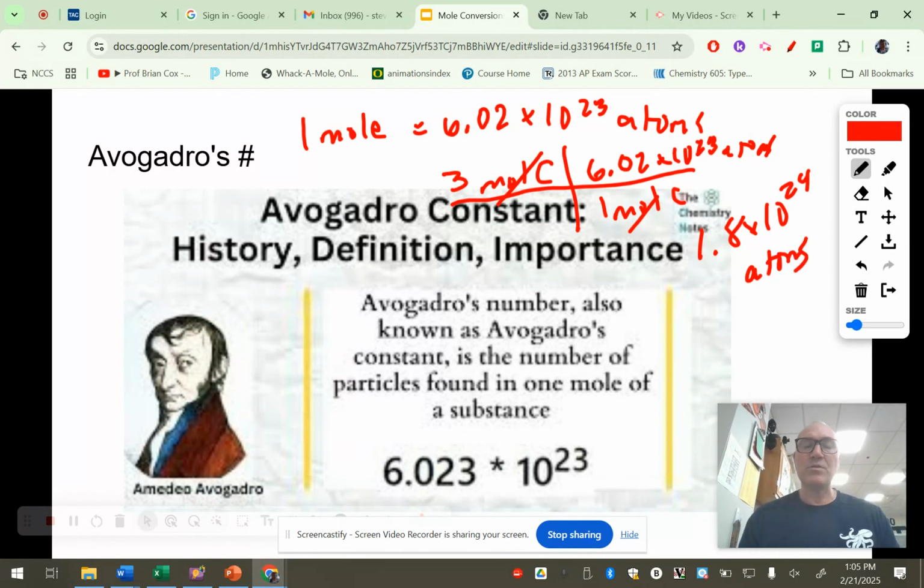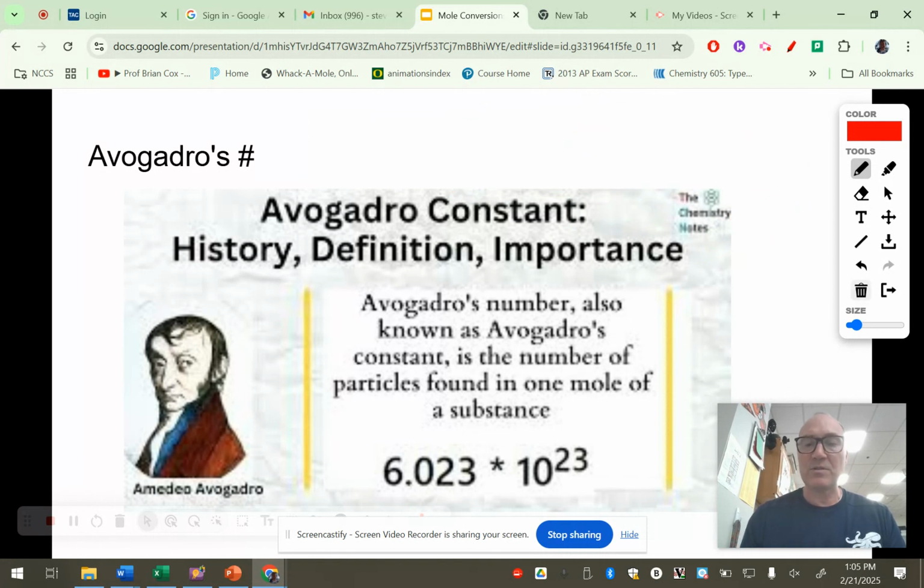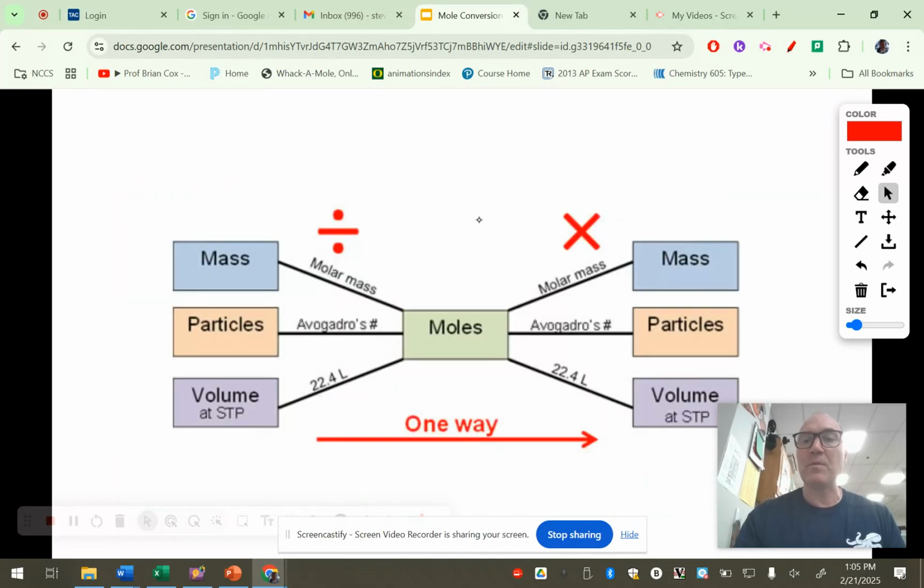That's something you'll do today with atoms, using dimensional analysis.